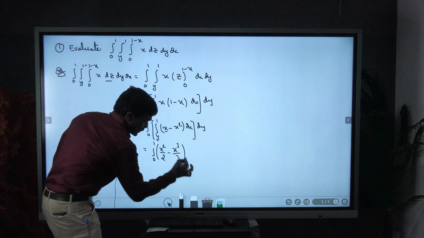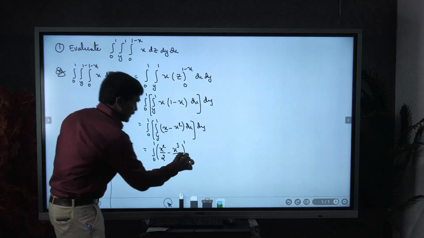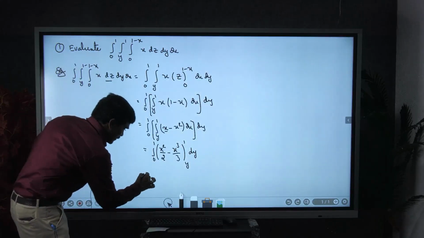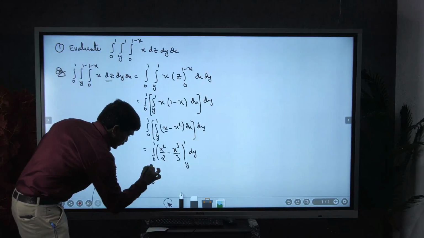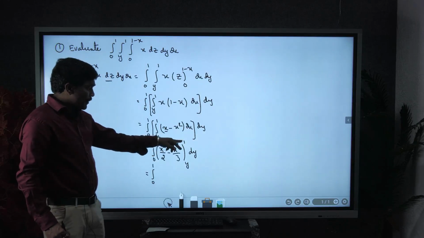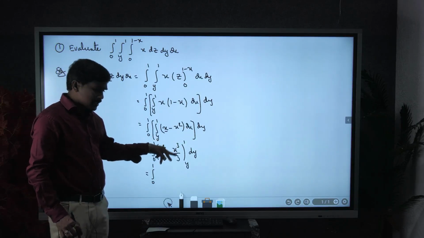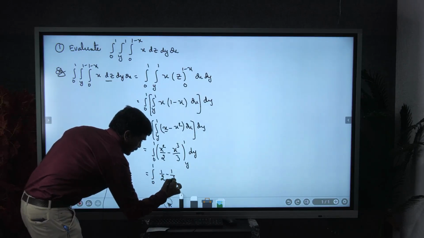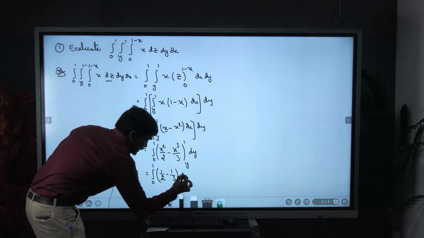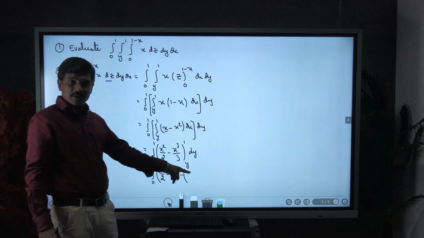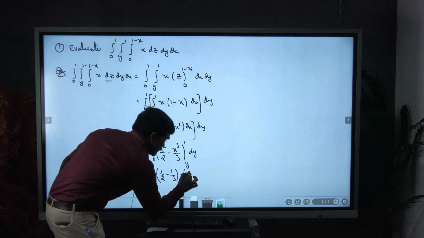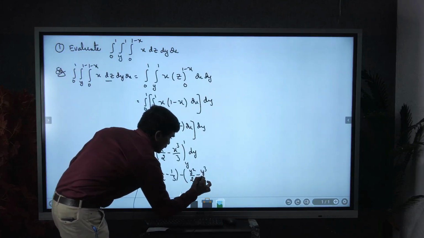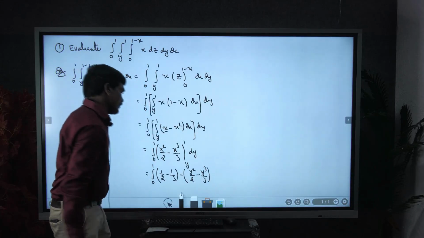Now substitute upper limit minus lower limit, integral 0 to 1. The upper limit gives 1 by 2 minus 1 by 3, minus the lower limit in place of x, y: that is y square by 2 minus y cube by 3.